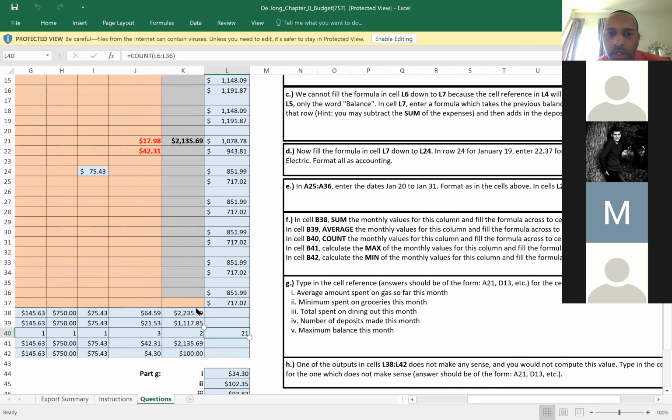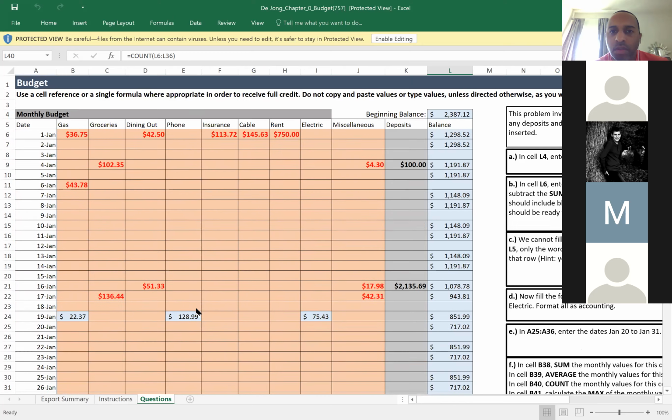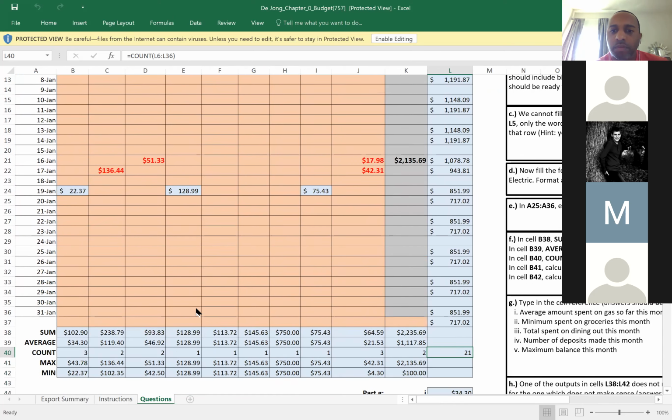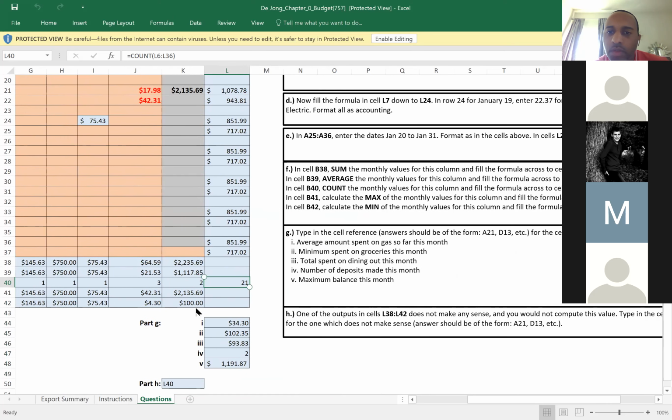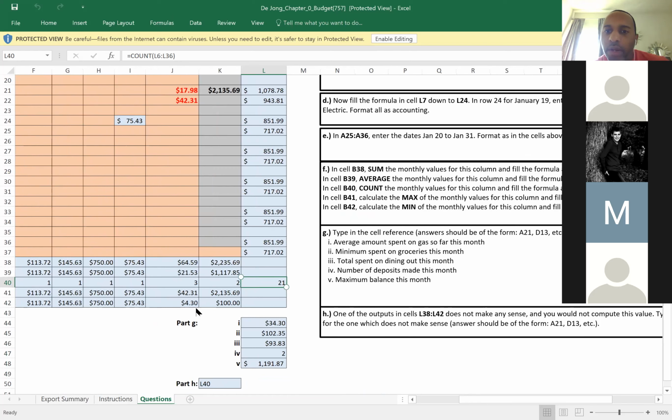F to F. And so in cell B40, yeah, count. Values column to L40. Gotcha. Count the monthly values for this column. Fill the formula across to cell L40.